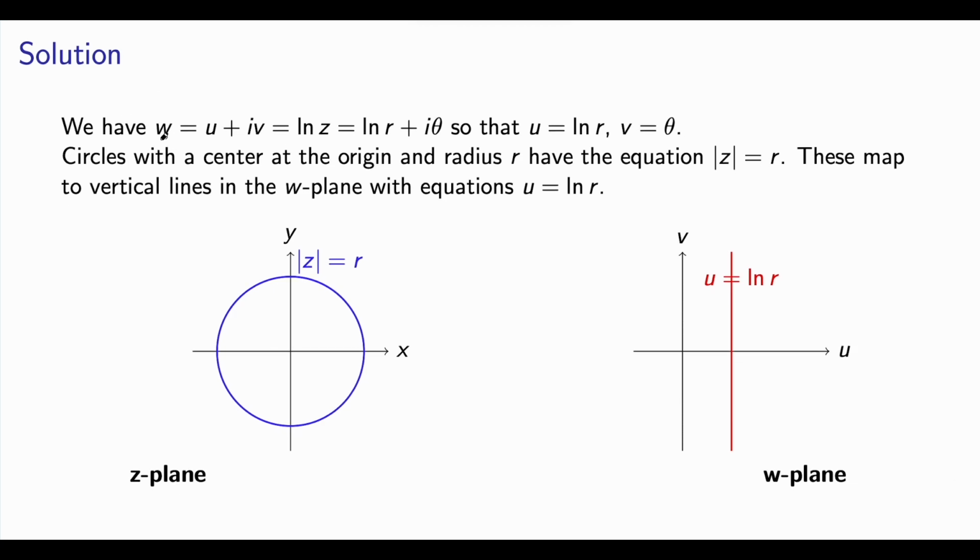Solution. So we have W equal to u plus iv, which is equal to ln of z, and ln of z can be written as ln of r plus i theta. Here we are considering only the principal argument.